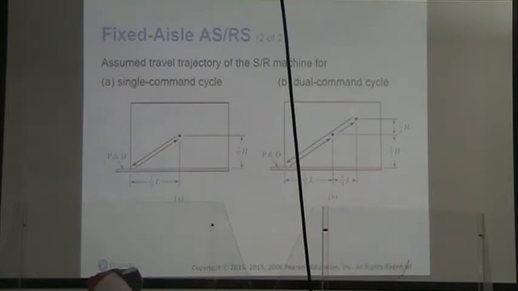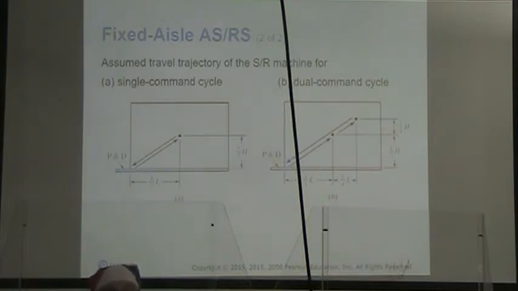So we think about what the travel on an AS/RS system would look like. If it's a single command cycle, in other words, we give it something, it goes to the location and puts it away, and then returns back to the origin, then that would be something looking very much like this.